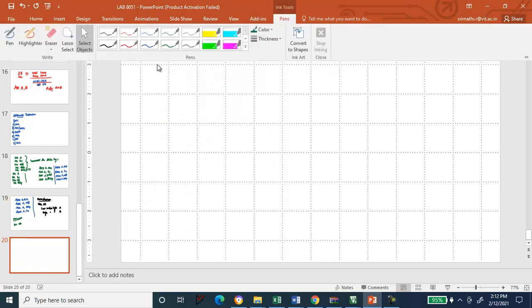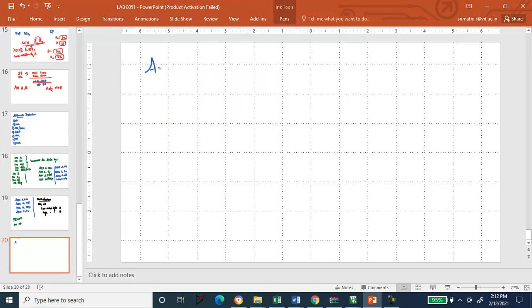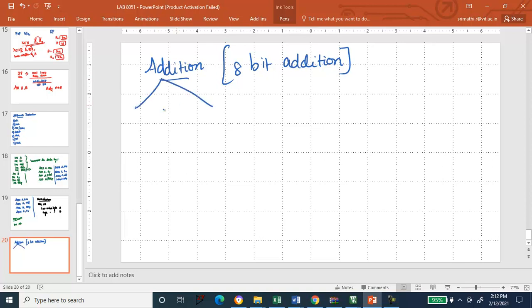So addition, we are going to do 8-bit addition first. Adding two numbers. These two numbers can be signed numbers or unsigned numbers.